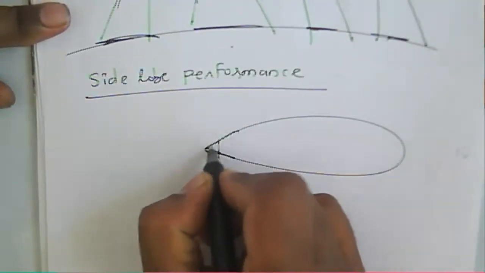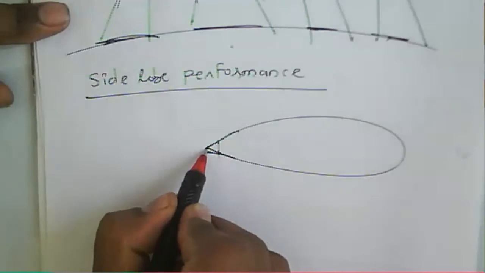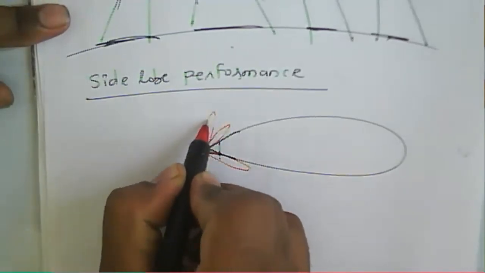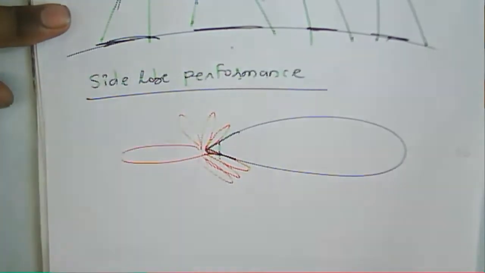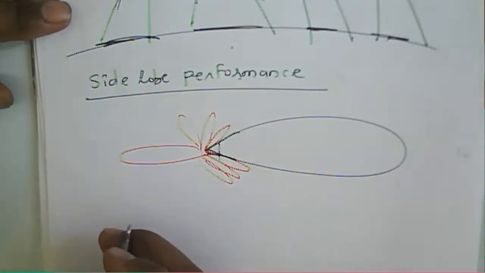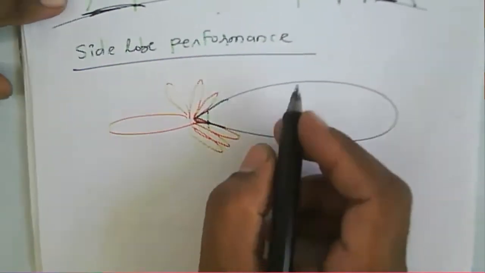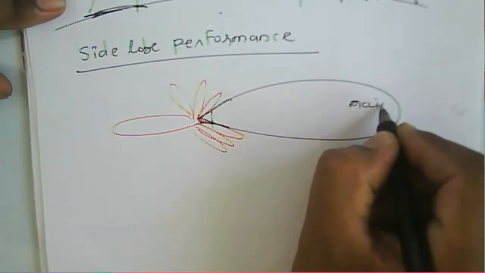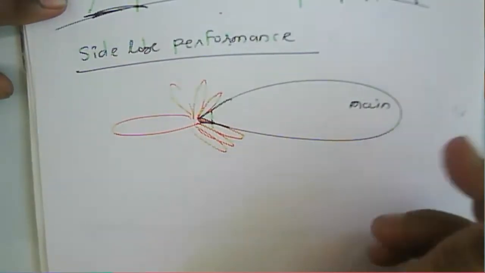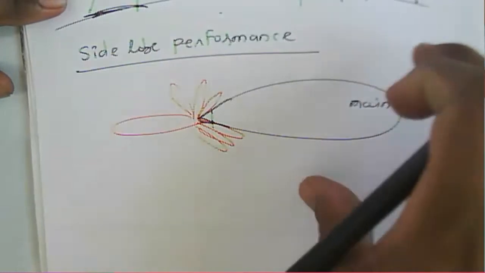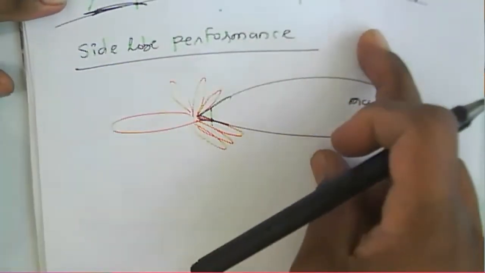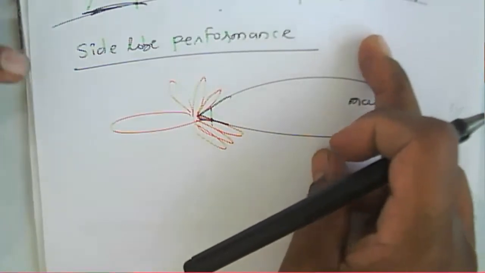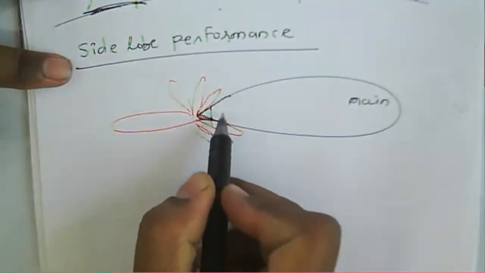This one is your main lobe, then we have the side lobes, and then a back lobe. In this radiation pattern of an antenna, this is your main beam, or the boresight of the antenna, where there is maximum radiation, and they have many side lobes.